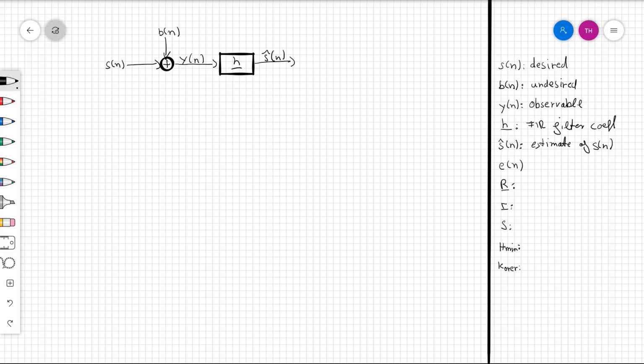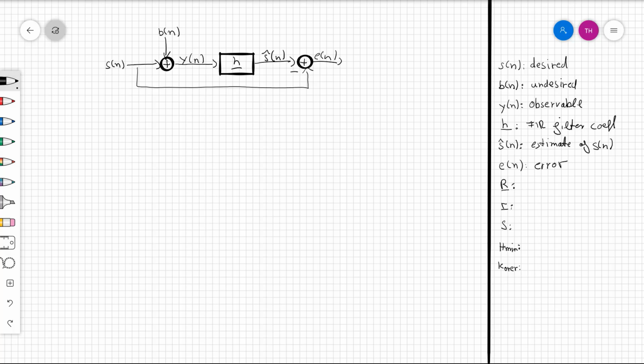And to see how close we actually are with our estimate to the desired signal, we can look at the difference signal between the two signals. And the difference signal, E of n, is also very commonly called the error signal.